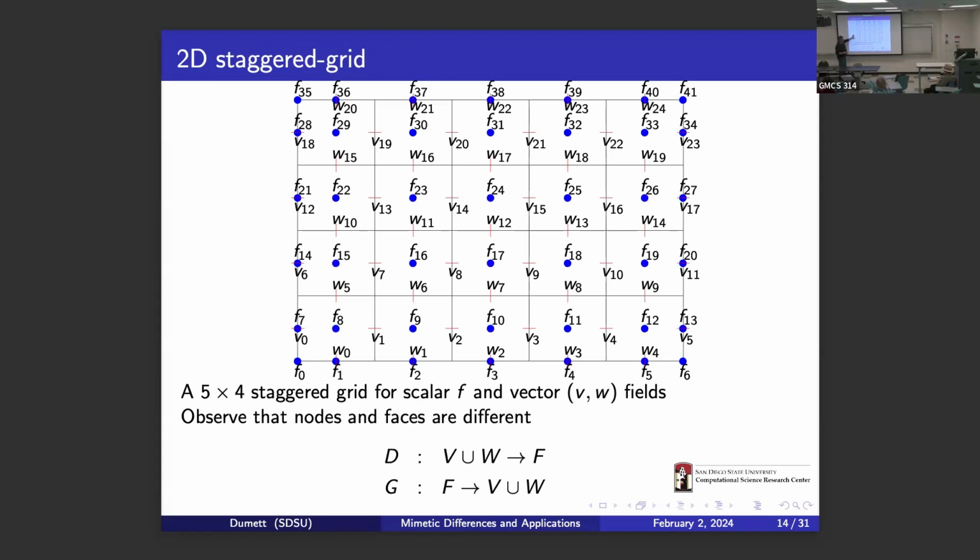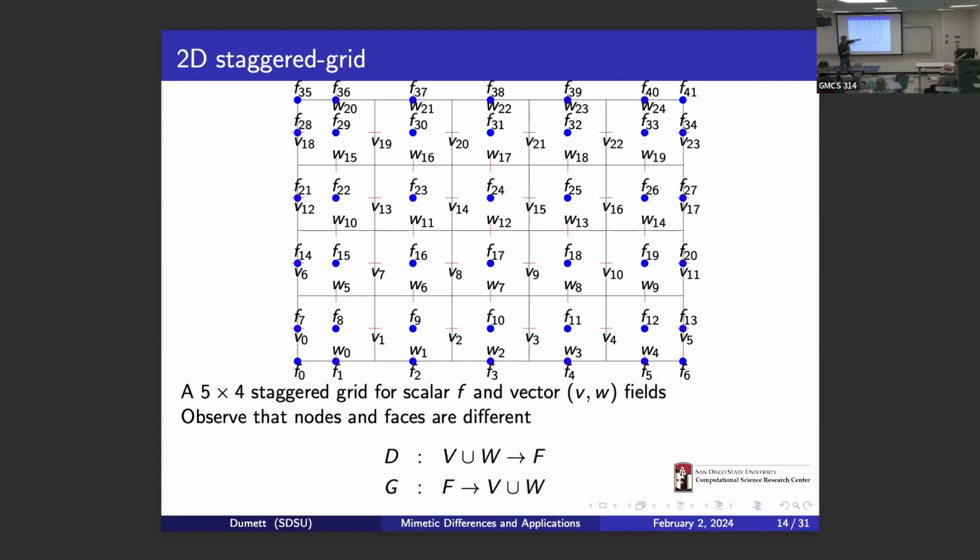So in 2D, I have superimposed these two grids here. One of them is in blue, and the other one has red horizontal lines or red vertical lines. So in blue is where the discrete scalar field lives, which are the centers and the boundaries. And in red, we have the vector fields living.